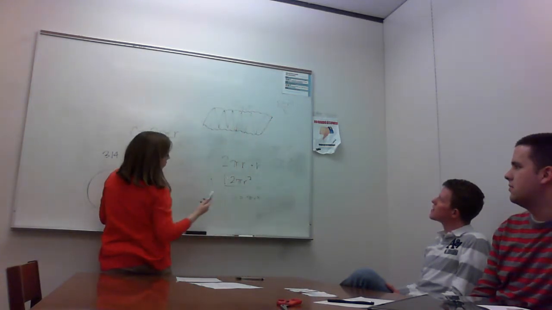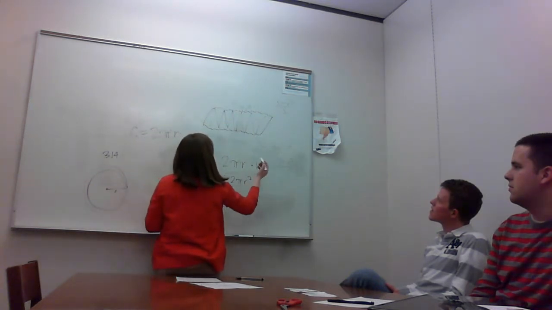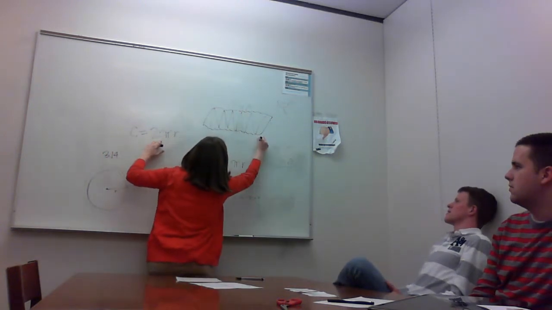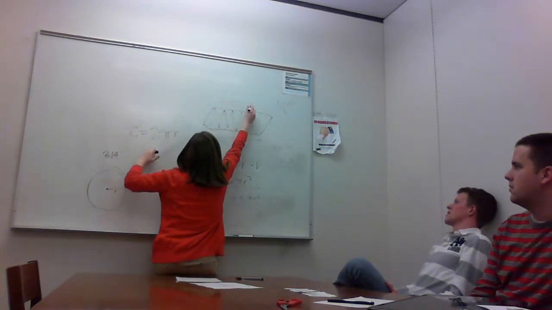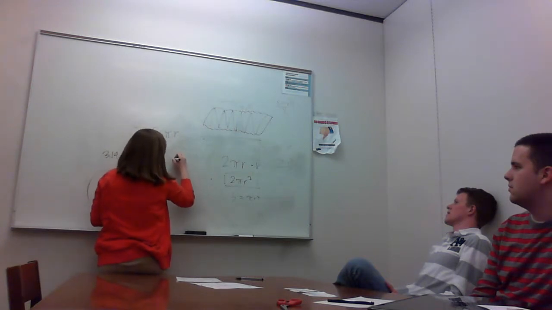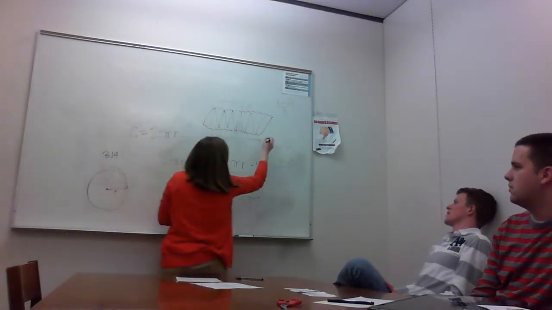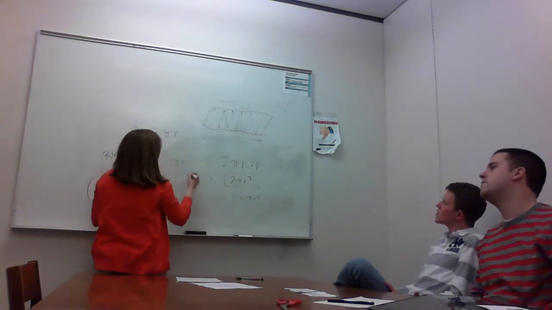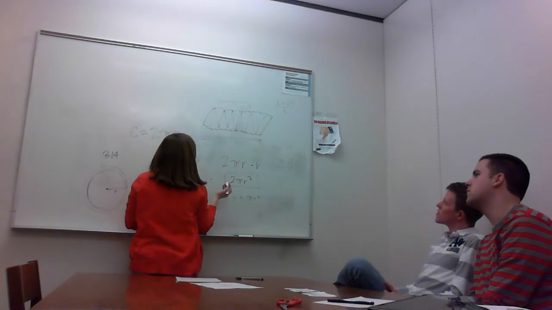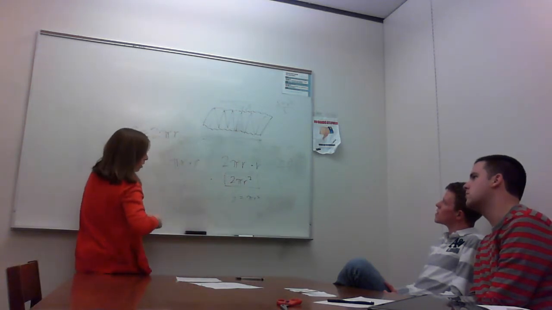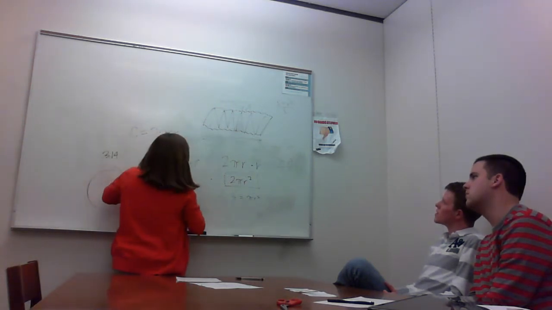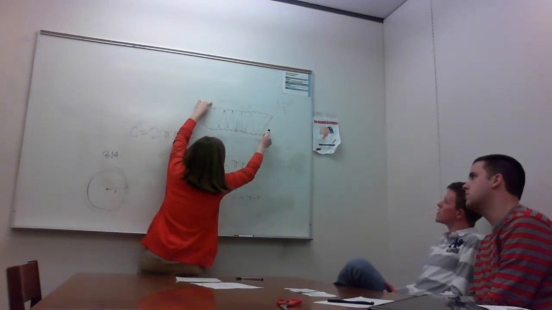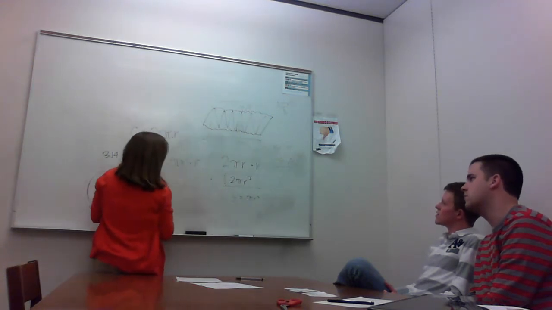So for everybody else in the class, I'm going to go over it again. We had our whole circumference, which was this bottom and this top. So that was 2 pi r. And we knew that this, because it was a part of our circle, was the radius, right? But since we're finding the area, we only have to use one side times another side, the length times the height.